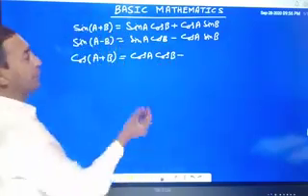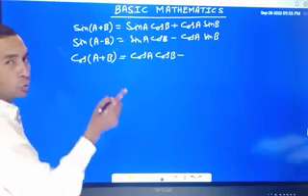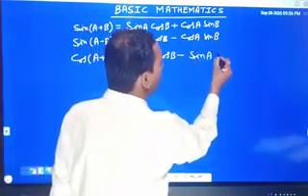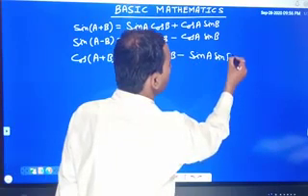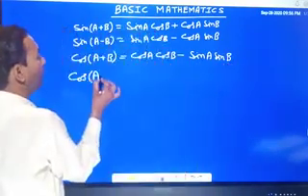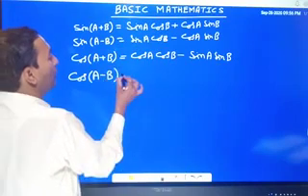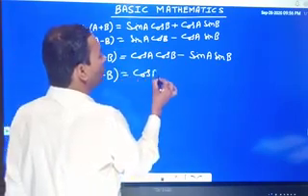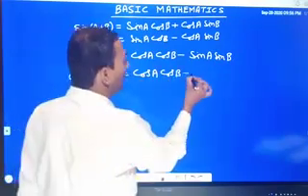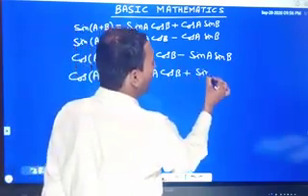Then cos(A-B) becomes cos A cos B plus sin A sin B.